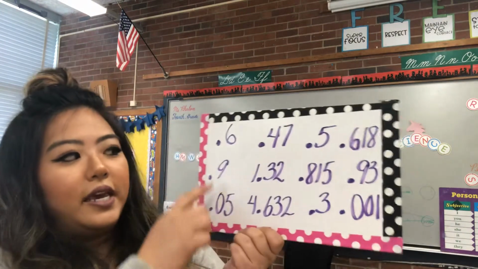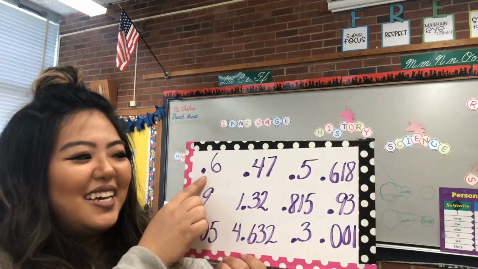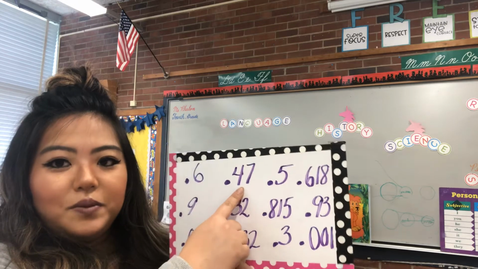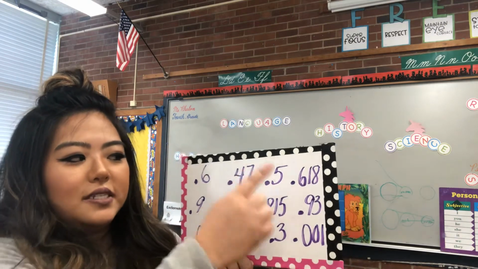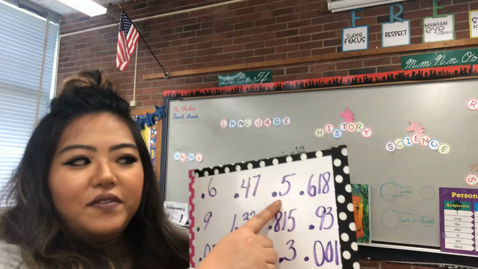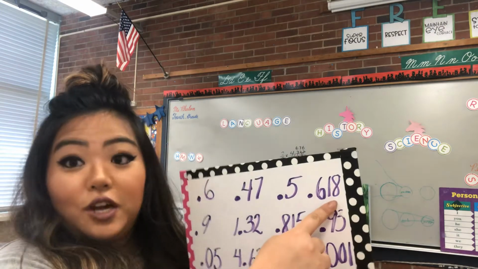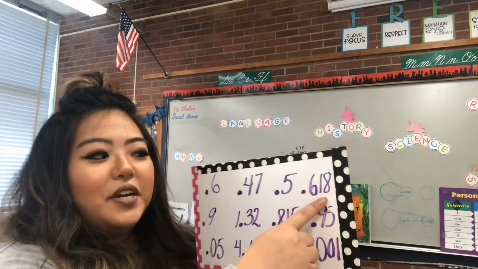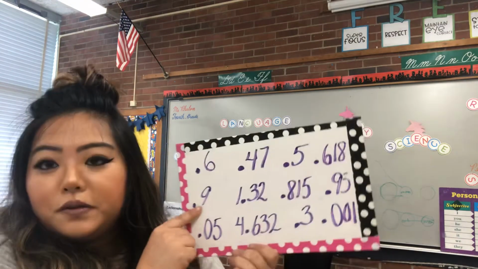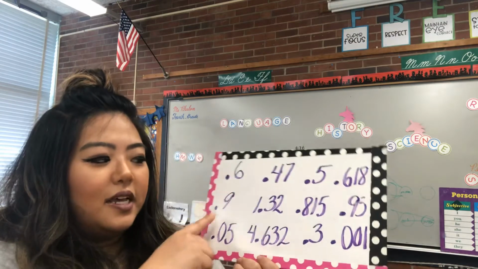All right, Sam. All right, this is 6/10. Reese, do you know this one? 47 hundredths. Michael, do you know this one? It is 5/10. Charlotte, 618 thousandths. You got it. Daniel, 9/10.